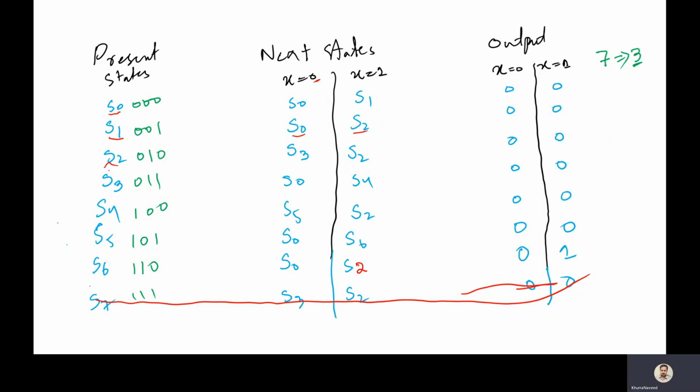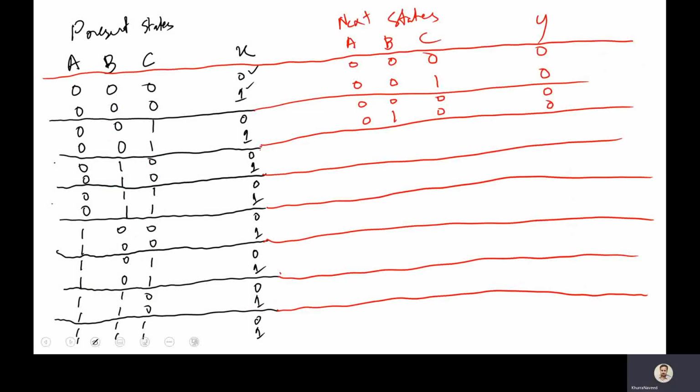So S3 is 0, 1, 1, since we assigned this binary combination to S3, and S2 we assigned 0, 1, 0.